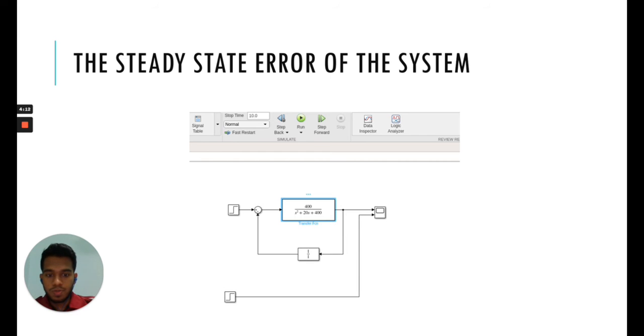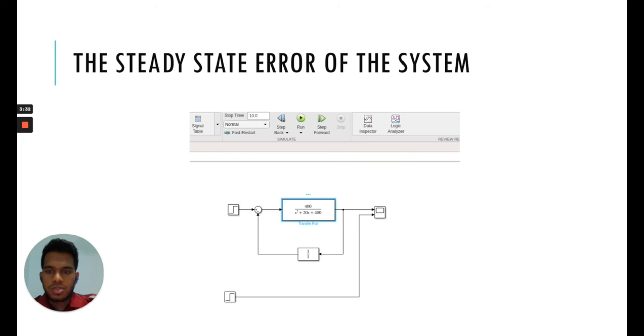So when the response has reached a steady state, that is called the steady state error. The steady state error is affected by both the type of input and the system type. The type of input is like the step, the ramp, and so on, and the system type is like 0, 1, or 2. A steady state error is a property of a linear system's input or output response. A good control system will in general have a low steady state error.